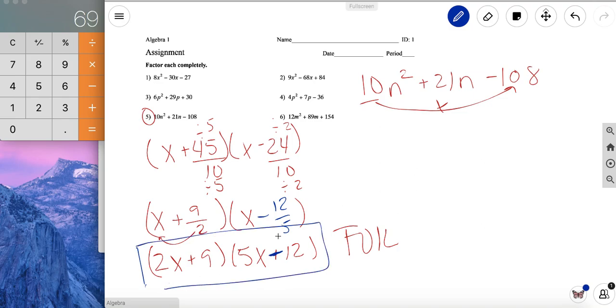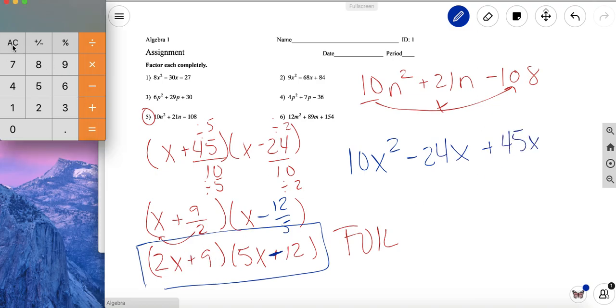Let's check it again. FOIL, 2x times 5x gets me 10x squared. 2x times negative 12 gets me negative 24x. 9 times 5 gets me positive 45x. 9 times negative 12 gets me a negative 108.